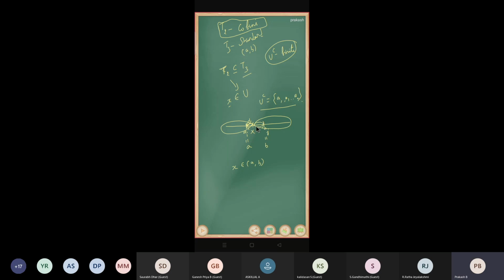Therefore, this whole interval must be contained in U, right? So finally, we attain the relation, that is T2 is a subset of T3. So already we have the relation T3 subset of T1. So the answer is the first one, right?